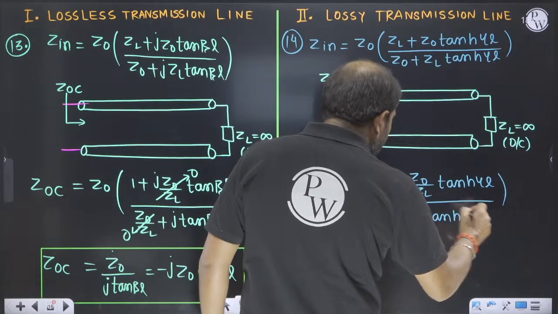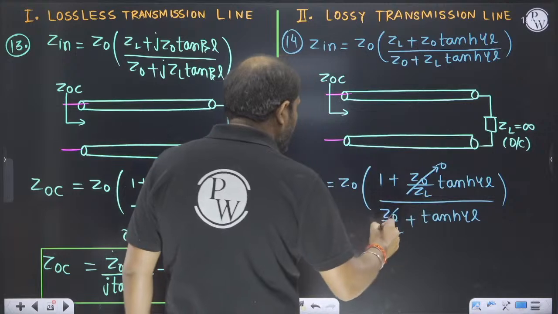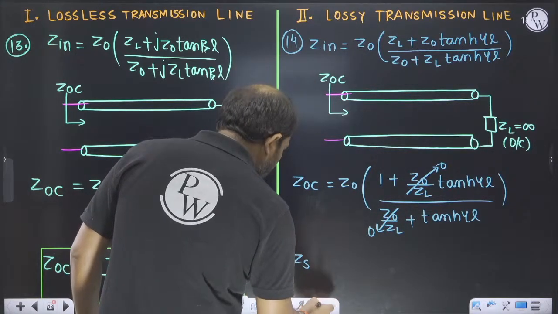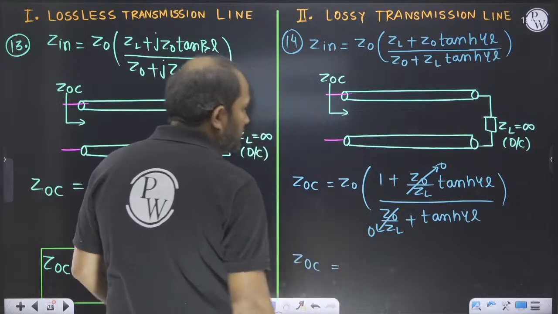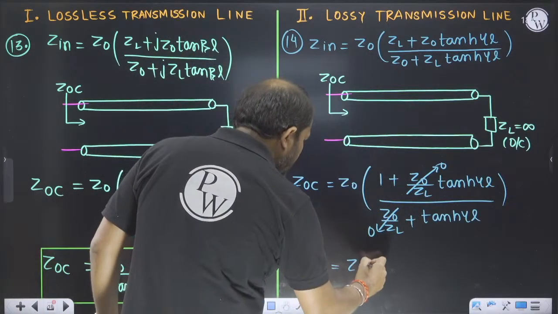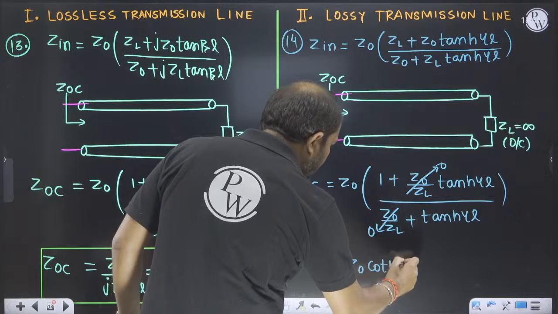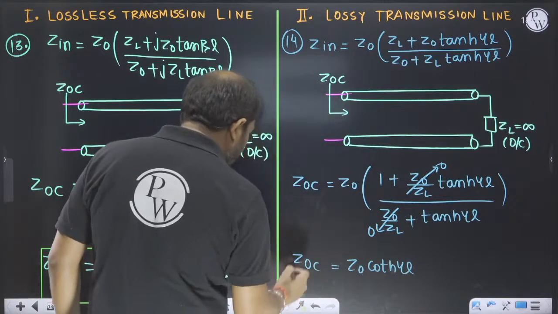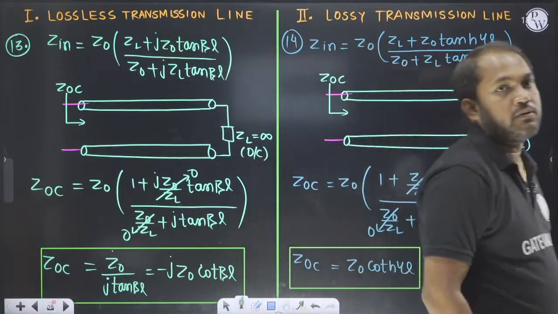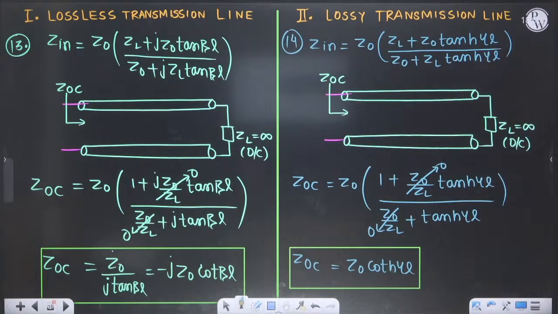If ZL is infinite, this will become 0, this will become 0. So ZOC will be equal to Z0 upon tanh gamma L, that means Z0 into coth gamma L. So this is the formula for ZOC.